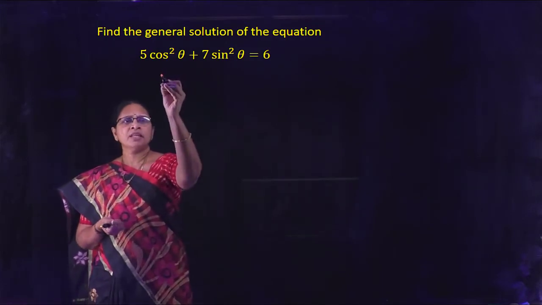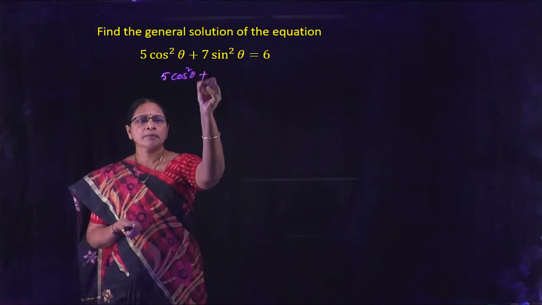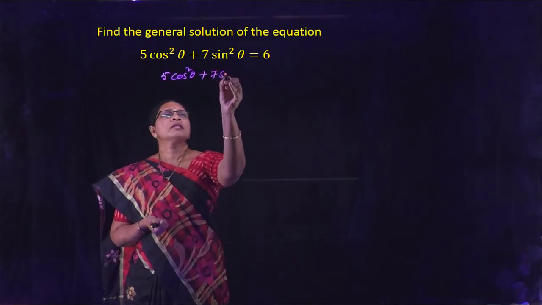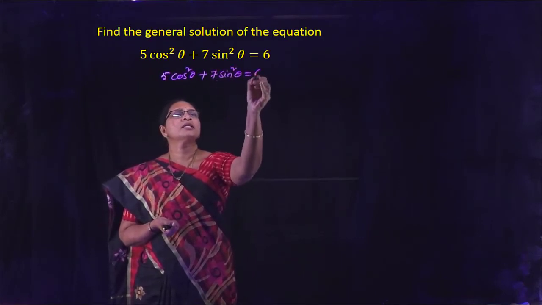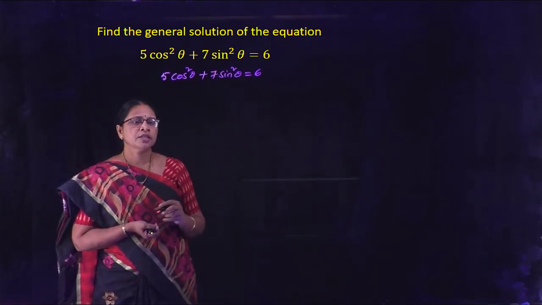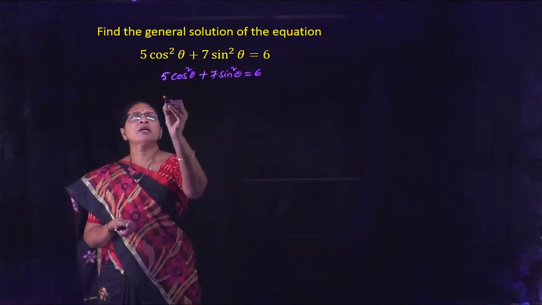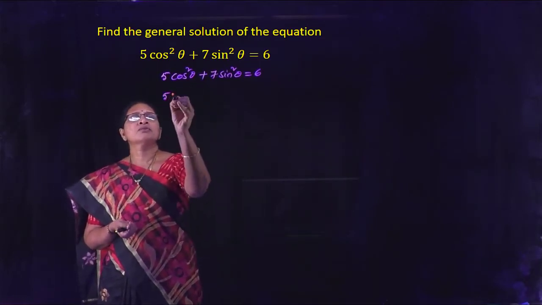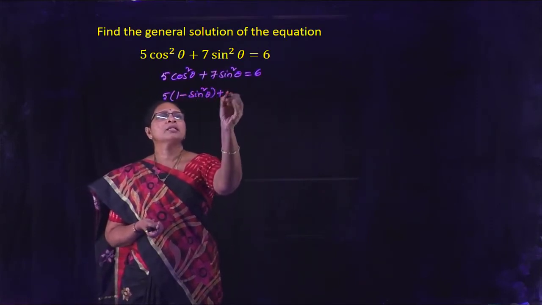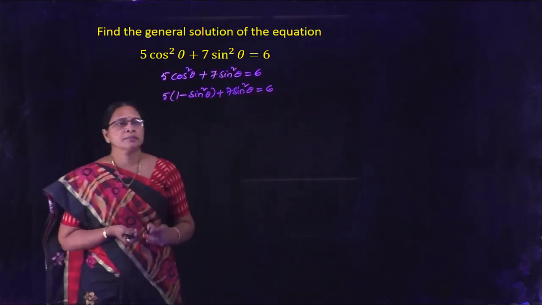Here, the given equation is 5 cos square theta plus 7 sin square theta is equal to 6. We convert the given equation into a single variable. By using the identity formula, we can write cos square theta as 1 minus sin square theta: 5 times 1 minus sin square theta plus 7 sin square theta is equal to 6.